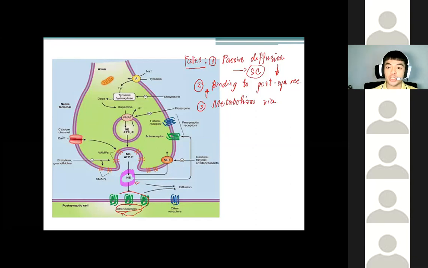Number one is MAO. So you can search in the internet what does MAO mean, but it's monoamine oxidase. And aside from that, we have COMT, which means catechol O-methyltransferase. So meron pa tayong other slide that would further explain these enzymes.